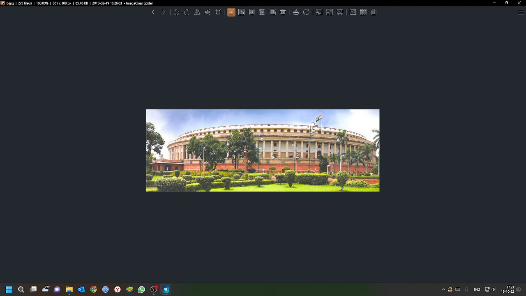The Rajya Sabha seats are 250, out of which 238 people are elected from legislative assemblies, and the remaining are nominated by the president. These are people who are very good or excellent in the fields of art, education, literature, science, sports, acting, etc.